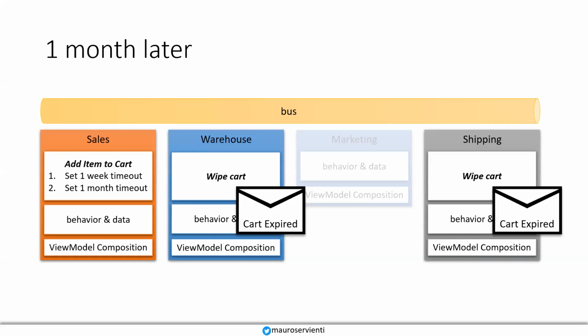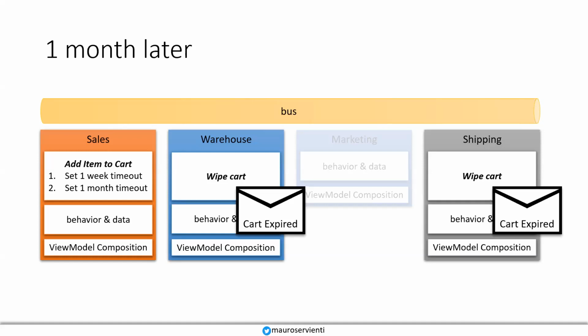So it's obvious that sales wiped its own view of the shopping cart when the timeout expired and published these two events. Being sales the master, if sales removes the concept of a shopping cart from its own view, even if warehouse and shipping are eventually consistent and they'll handle those two events an hour later, that doesn't really matter.